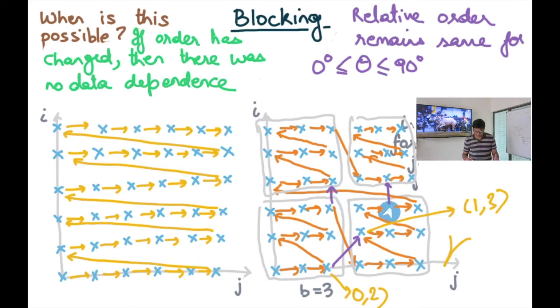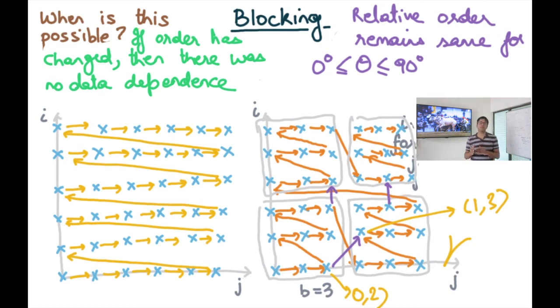Here's another example, 2,4 and 3,4. Once again, even in the original order, 2,4 was executing before 3,4, and in the new order also, 2,4 is executing before 3,4.